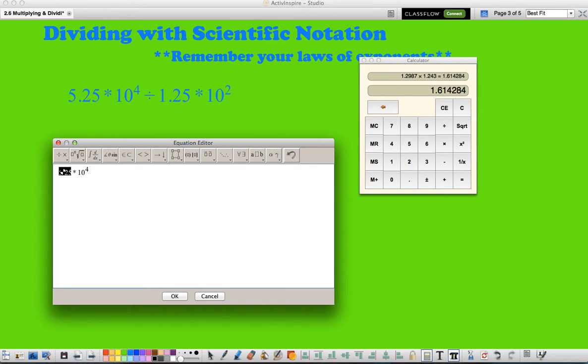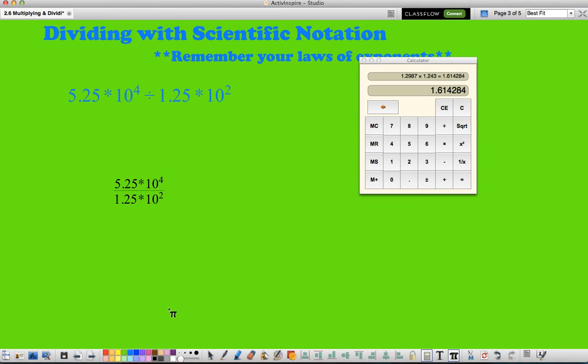And we're going to make this into a fraction and put that over 1 and 25 hundredths times 10 to the second power. Well, I know that based on my rules of exponents that when I have two numbers that have the same base, I can subtract my exponents.